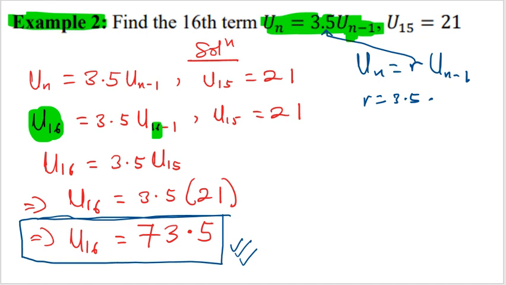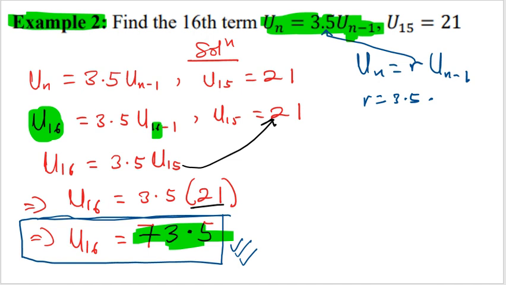But we see that U15 is 21, so we substitute that here. Then we get U16, the 16th term, to be this. That is the recursive formula for a geometric progression.